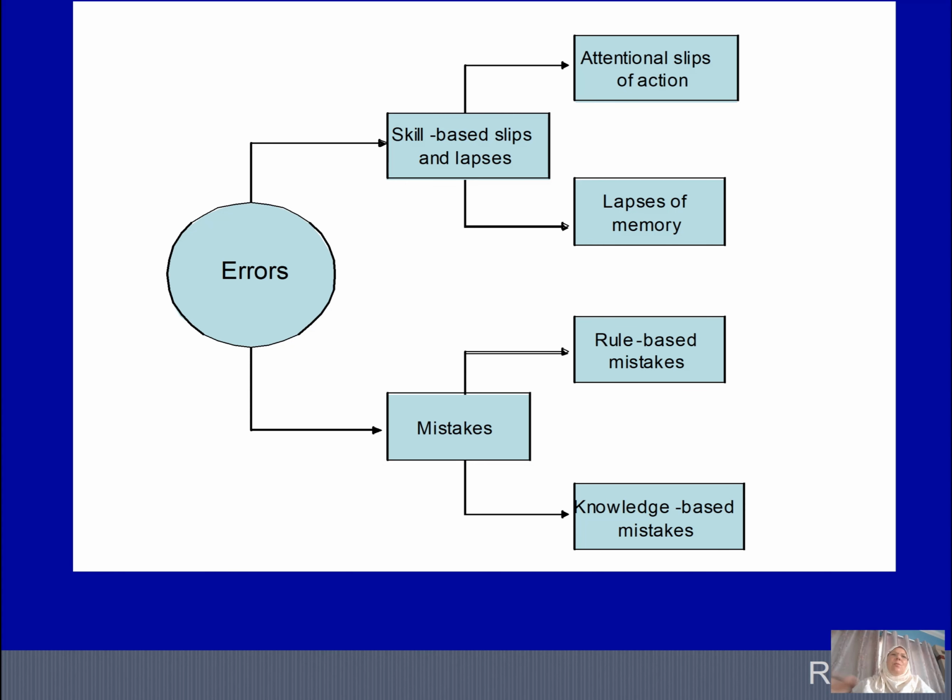So just to quickly tell you, the literature describes errors as two main categories. You can have skill-based slips or lapses. This means you forget something, so you have a lapse of memory, or you don't pay attention properly, so you have a slip in the attention span.